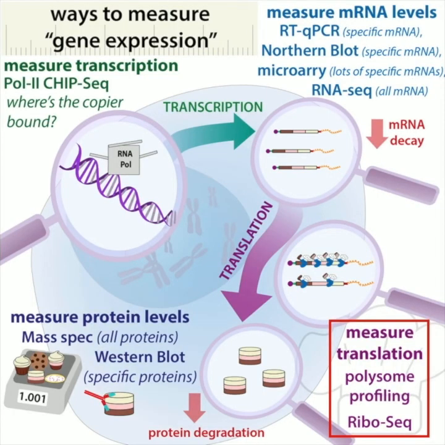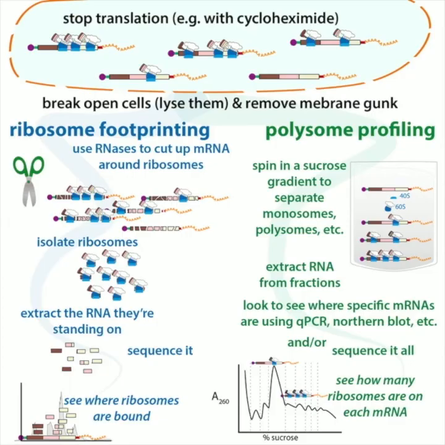But of course, the amount of protein that gets made is going to depend on translation. So you can actually do things to measure translation directly, including ribosome footprinting, ribosome sequencing, and polysome profiling.